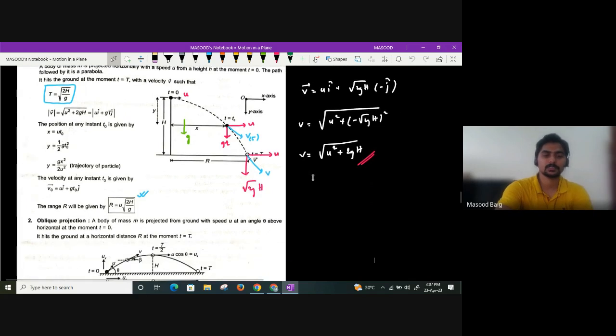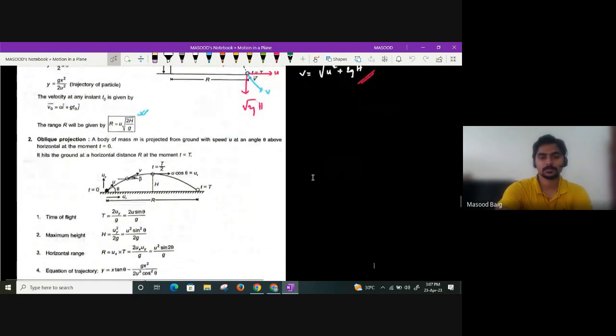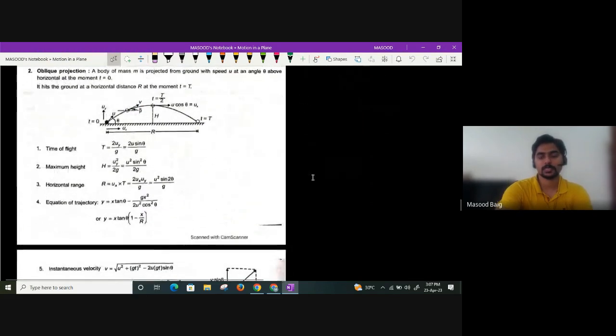Let us try to understand oblique projection. See, oblique projection is of two types again. It will be ground to ground projection, or projection from a certain height. When I say oblique projection, let us majorly focus on ground to ground projection.